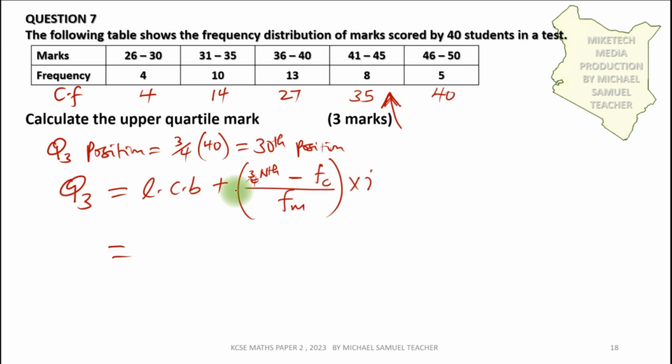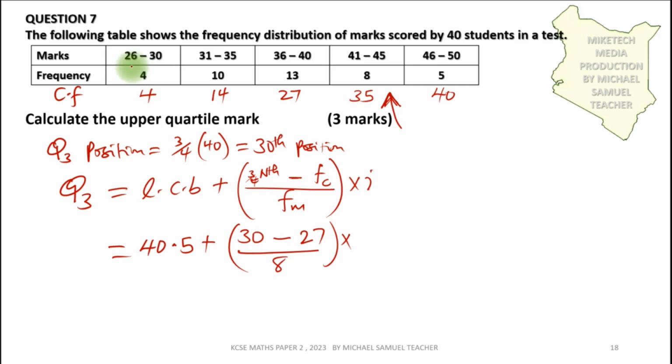So the lower class boundary here will be 40.5, then plus the position is 30th minus the cumulative frequency preceding the upper quartile mark is 27, then divided by the frequency in the upper quartile is 8, then multiplied by the class interval.